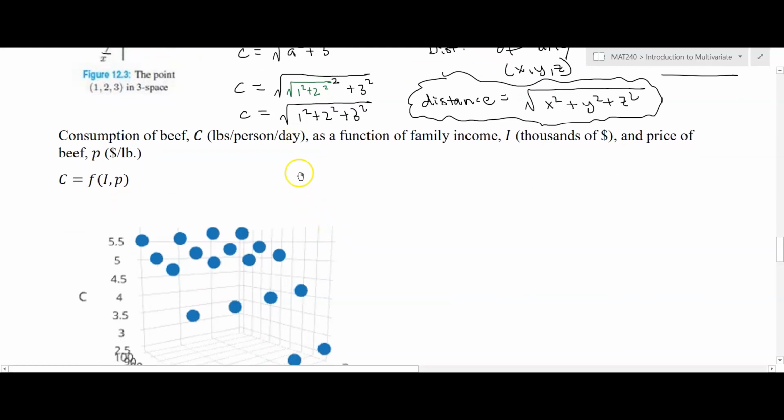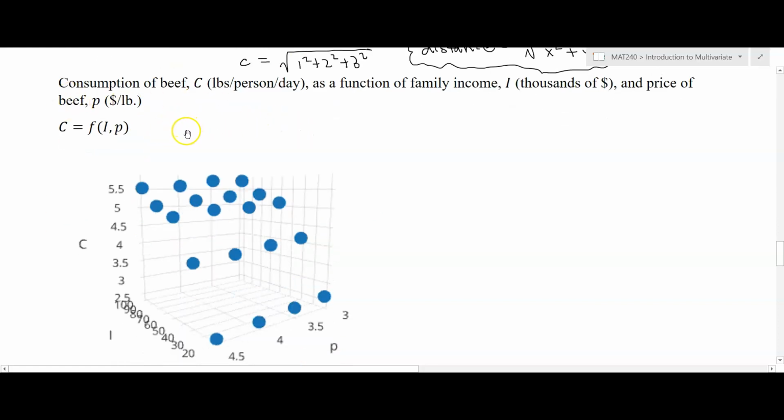Okay, so now that we have some of these tools under our belt, let's look at the 2-dimensional graph of consumption of beef as a 3-dimensional plot. What I'm trying to convey is that if I wanted to look at consumption versus price, and I apologize, a lot of 3D software does not put things where you want them. Actually, this is the p-axis here, and the value of p increases as we move away from the origin.